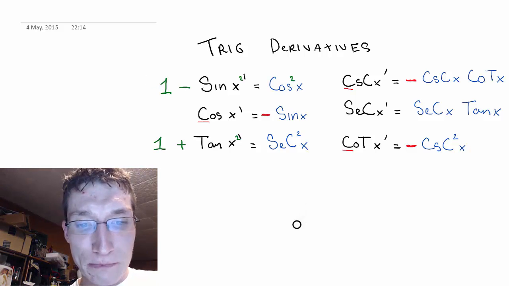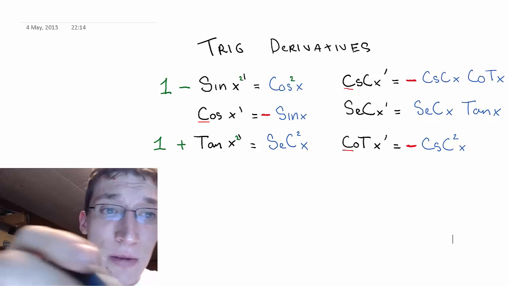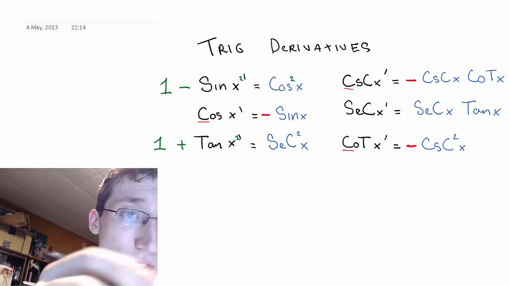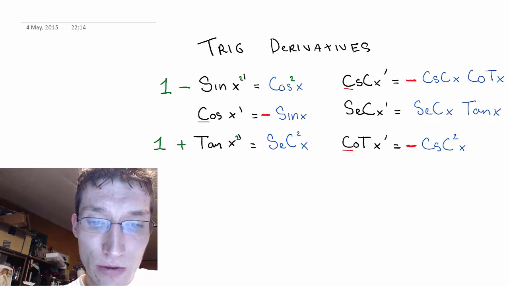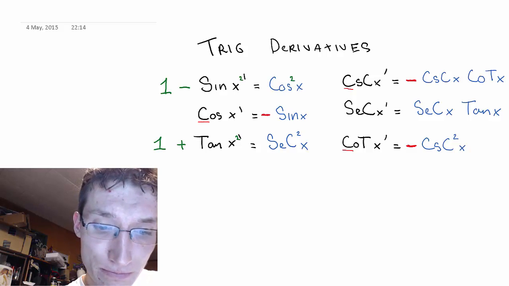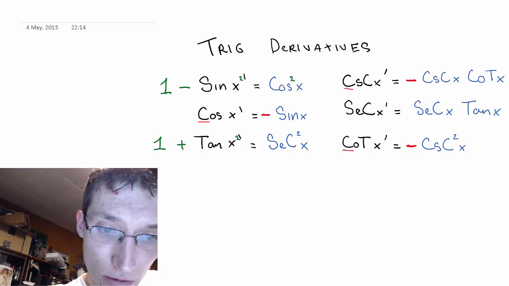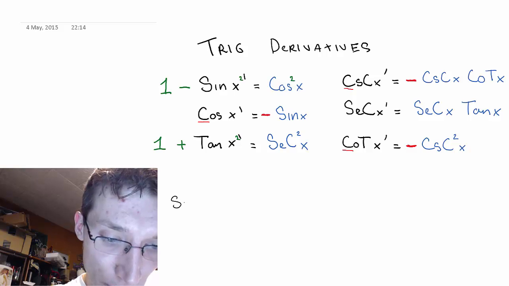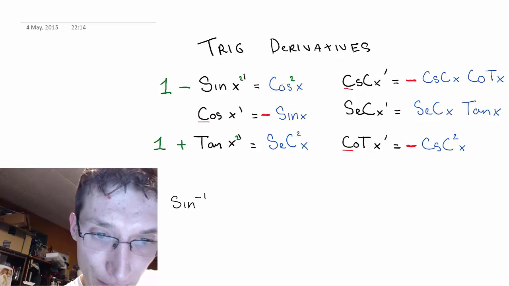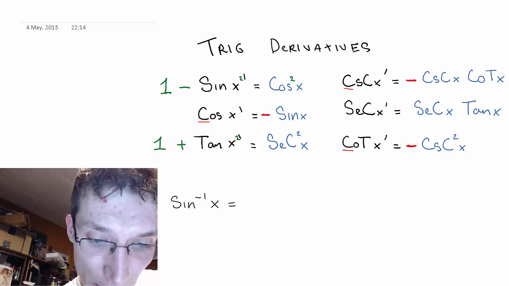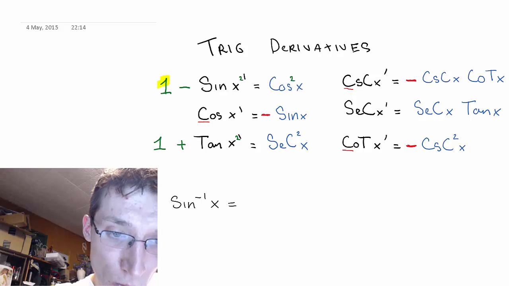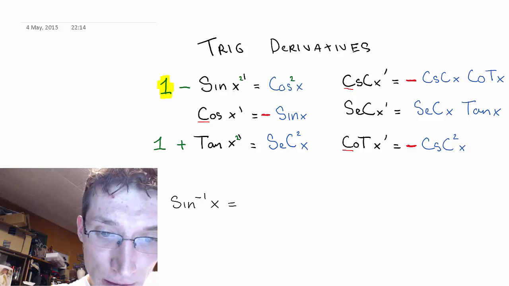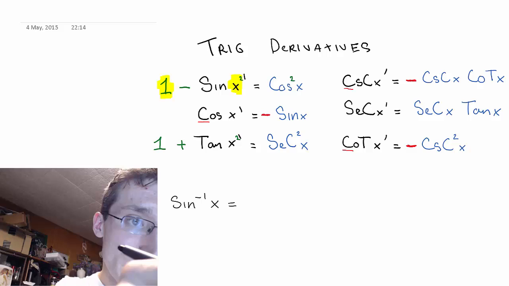So why stop there? Let's remember inverse trigonometric derivatives. So we have sine inverse of x, and that will equal 1 minus x squared.